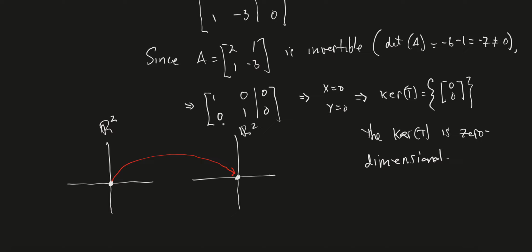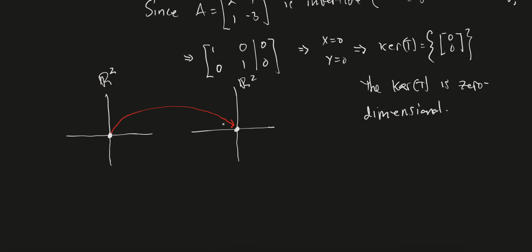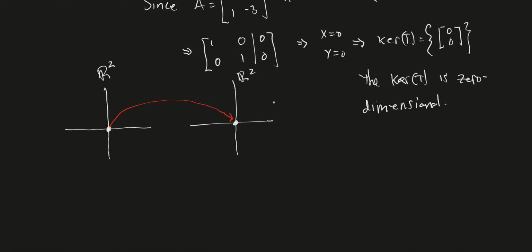Just one more thing, a little bit of terminology. The kernel of the transformation is also referred to as the null space. It's like everything that gets nullified, in other words, everything that gets converted into the 0 vector.